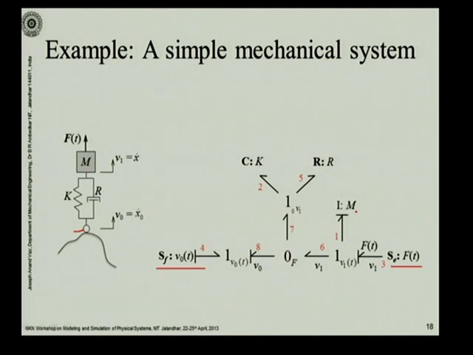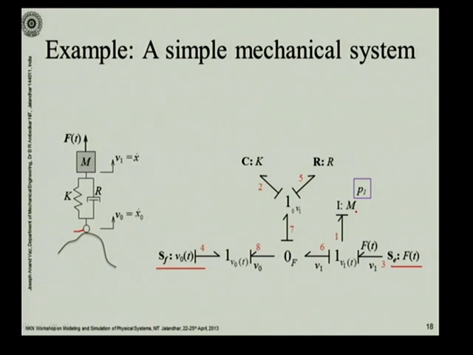So we have placed causal strokes for the other elements as well, and now our entire model, which is in the pictorial form, is complete with its cause and effect relations also depicted on the bond graph itself. And we are now going to identify how many states are necessary to model this system completely.